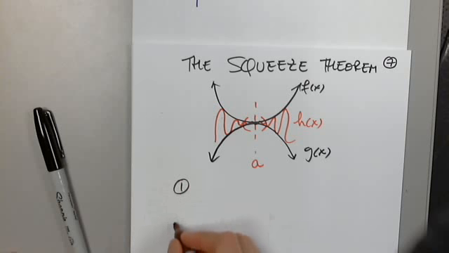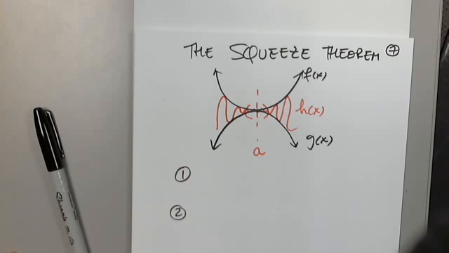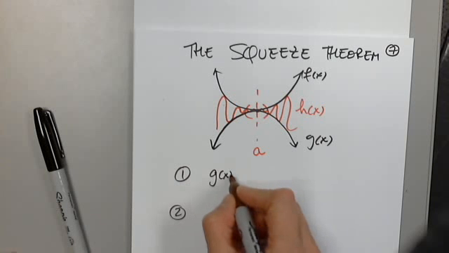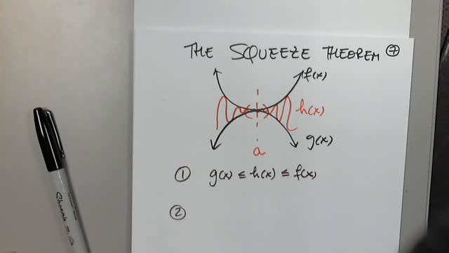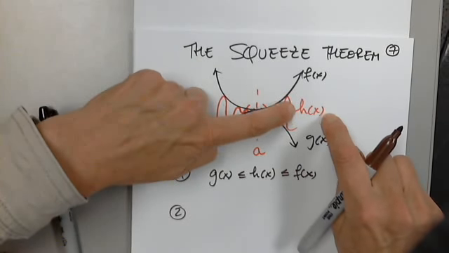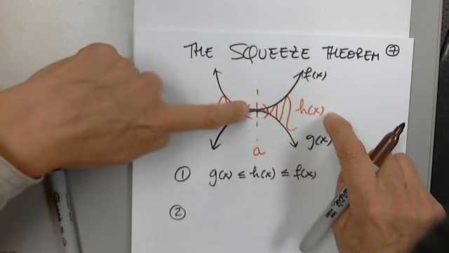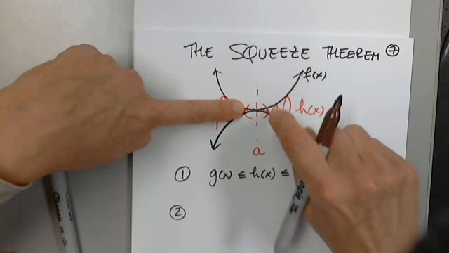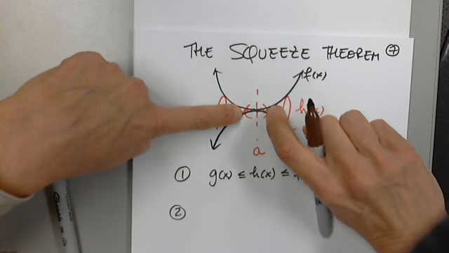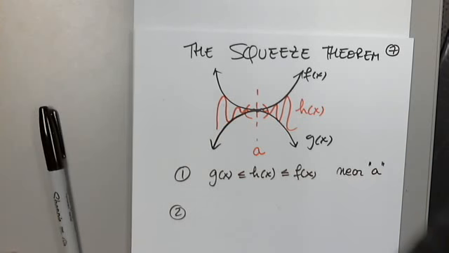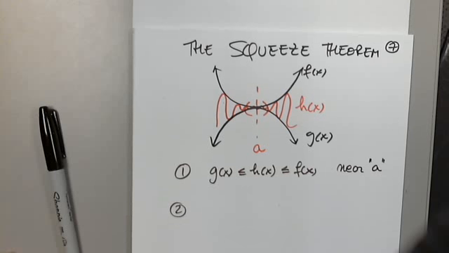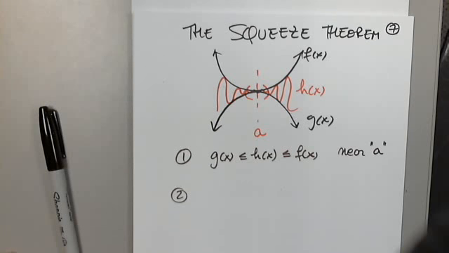Two hypotheses. The squeeze theorem or the sandwich theorem has two hypotheses. The first hypothesis is this. The function I try to find the limit from is squeezed between f and g near a. Near a. What is the second hypothesis?